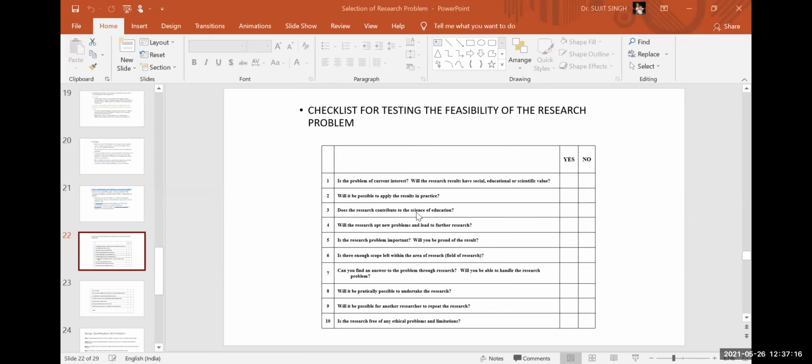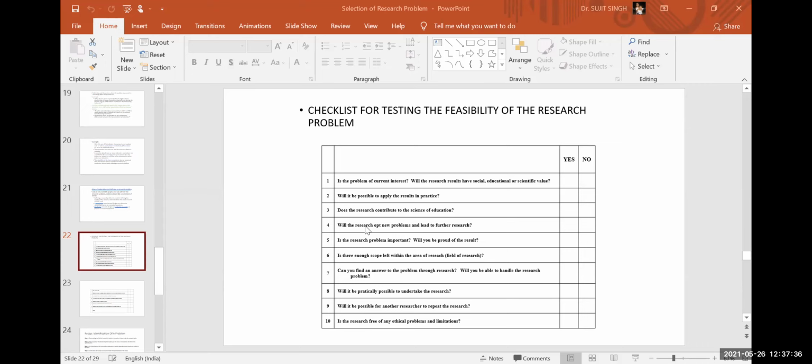Does the research contribute to the science of education? Is there a sound theoretical background to your research? Are you going to contribute to the body of knowledge? Is the knowledge base of the science going to increase with this research or not?